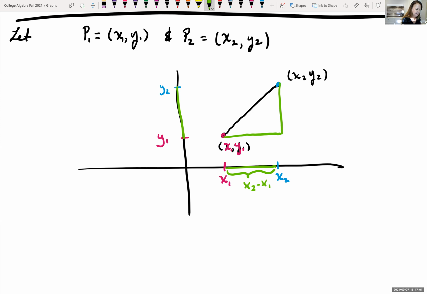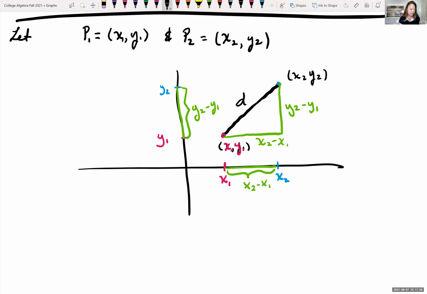Okay, so this right here is y sub 2 minus y sub 1. And let's just call this D instead of C, because that's what the distance is.